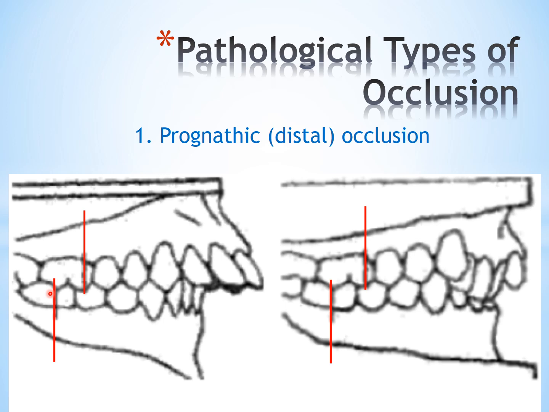And Angle divided distal occlusion, or the second class of pathology, into two subdivisions, two divisions.